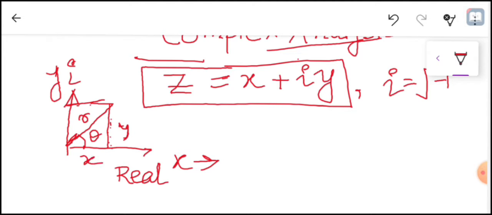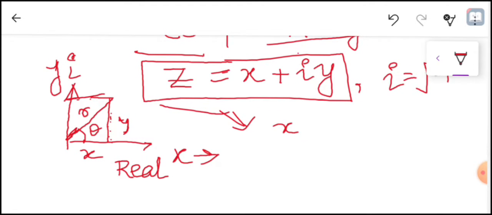So the complex number z can also be written with x equal to r cos theta and y equal to r sin theta. We break it into two components like a vector.